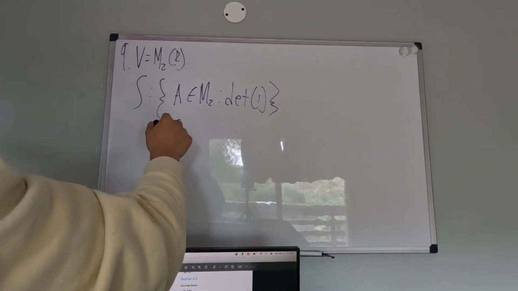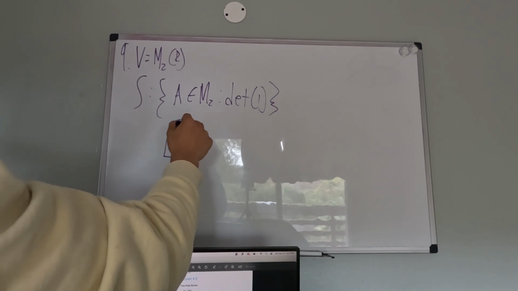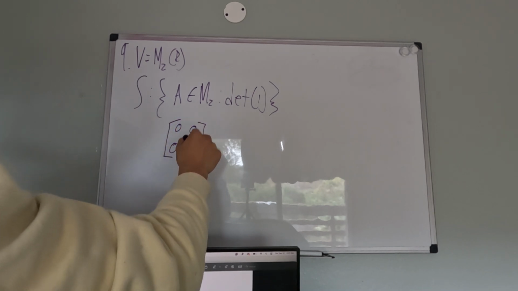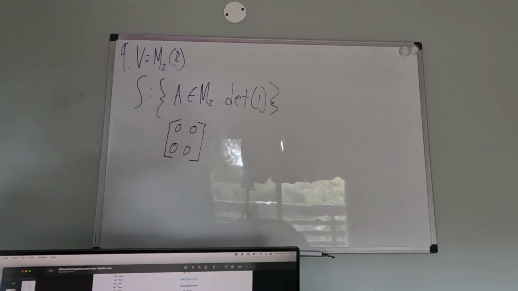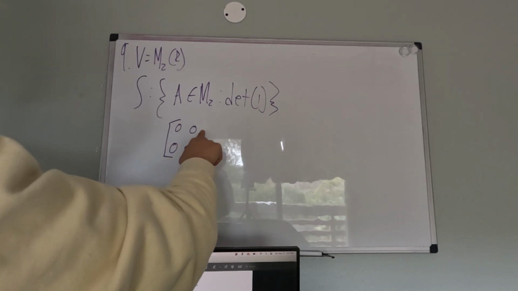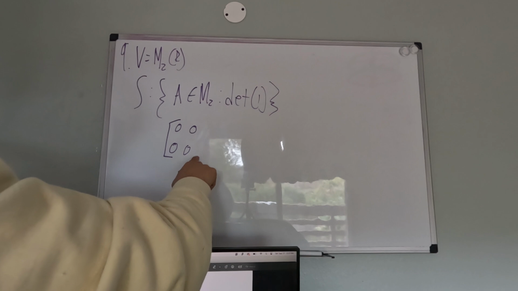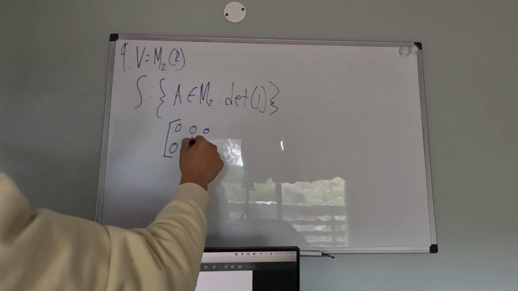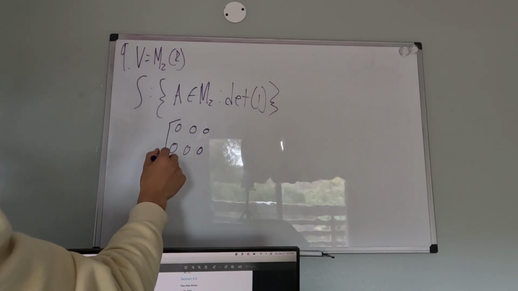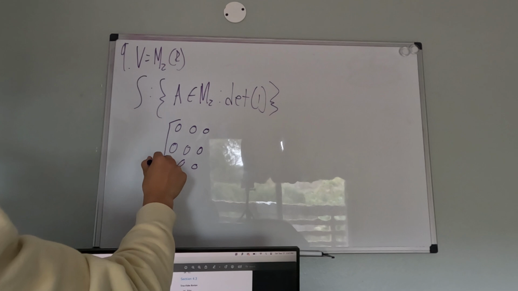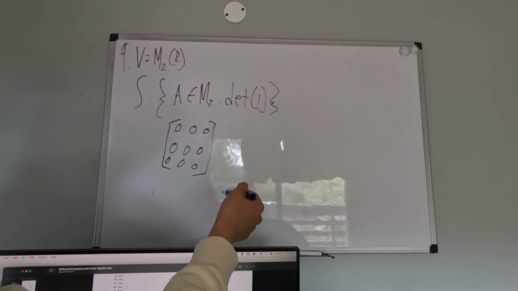The zero vector of the 2x2 matrices looks like this, because that's what the zero vector is. The zero vector of a 3x3 matrix, you ask? That right there. A 4x4, yeah?